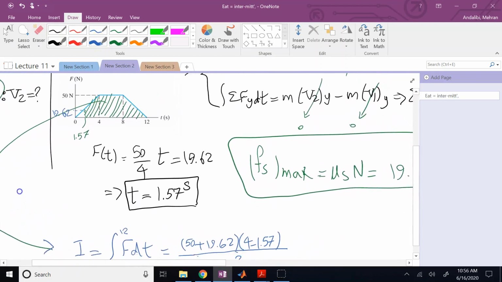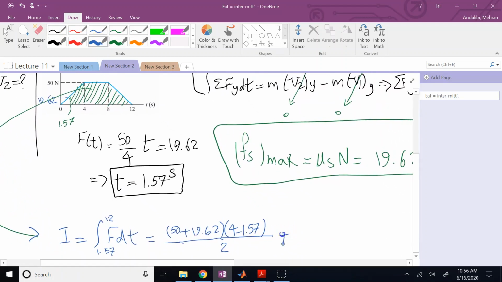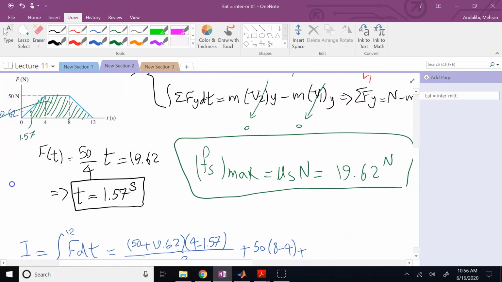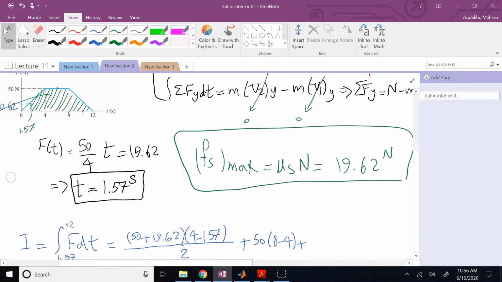The rectangle is very easy, it's just 50 times 4. And the last triangle is also quite easy. It's 50 times 4 divided by 2. So this guy is 200. This one is 100. That's 300.